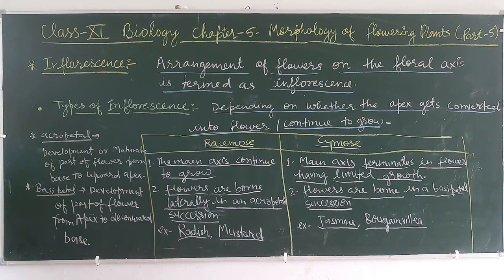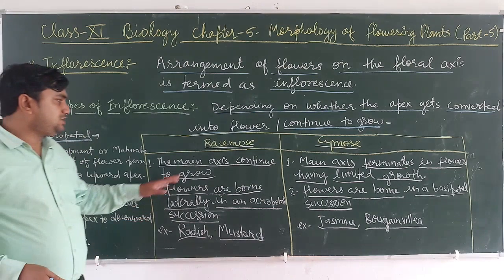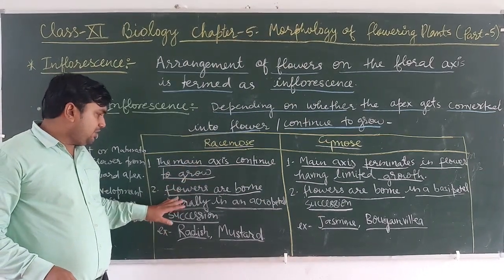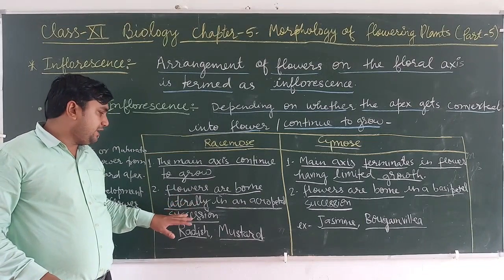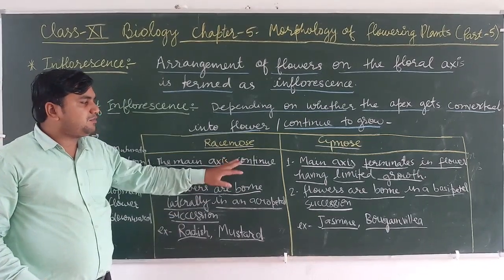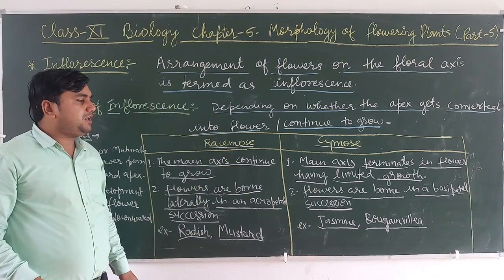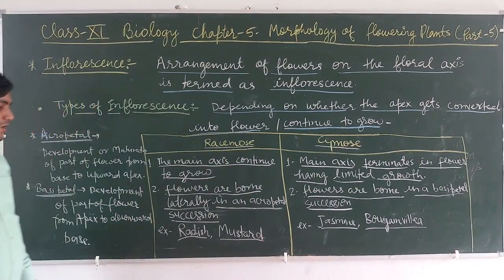These are the two important terms, that is acropetal and basipetal. In the racemose condition, the flowers are borne laterally in an acropetal succession, and cymose flowers are borne in a basipetal succession.